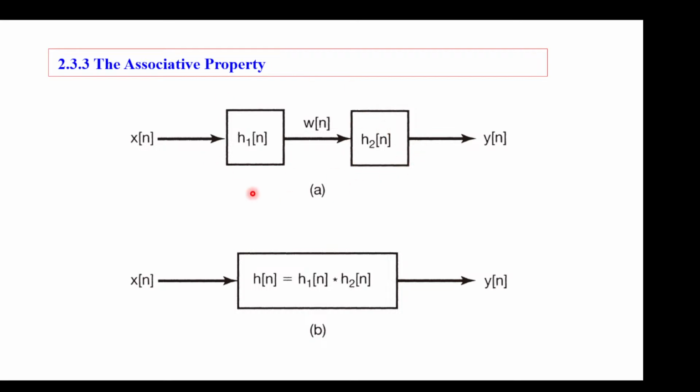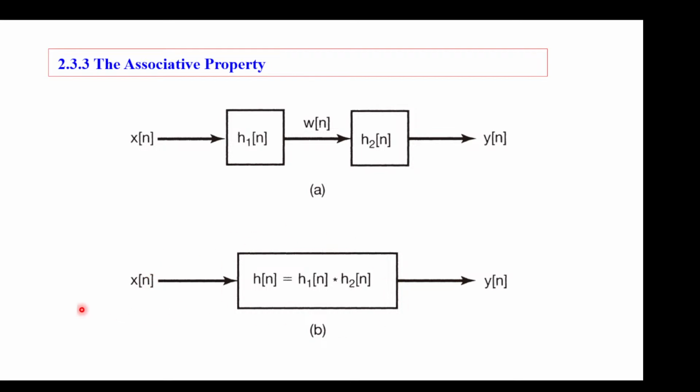But now you can combine h1 and h2 into some h. That's just a convolution of h1 and h2. So you know that if h1 is an LTI system and h2 is an LTI system, then the serial connection of the two systems is a system with impulse response h1 convolved with h2.